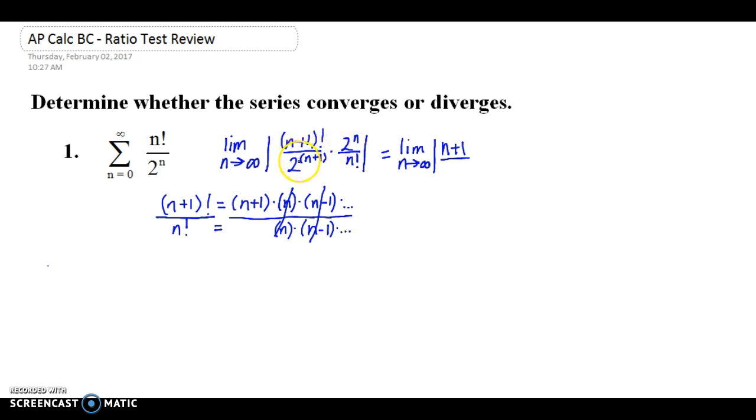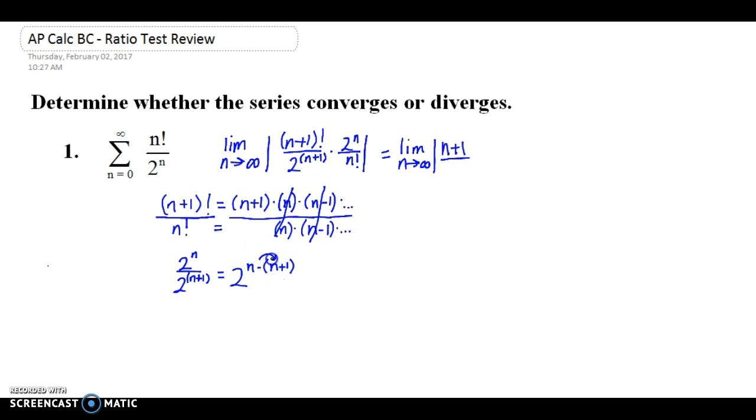2^n divided by 2^(n+1), there are a couple of different ways you can think about this. One way to think about it is 2 to the n power divided by 2 to the n plus 1 power. You are dividing common bases, and when you divide common bases, you subtract your exponents. So it would be 2 raised to the n minus (n plus 1) power.